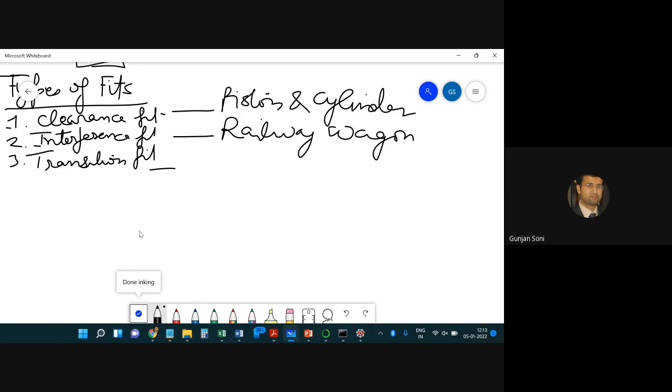So what would you call that kind of fit? Sir, transition fit. Yeah, exactly. Why transition fit? Sir, because we can disassemble it easily.